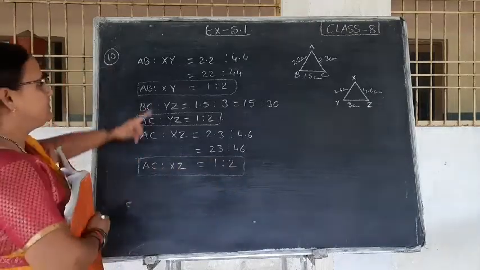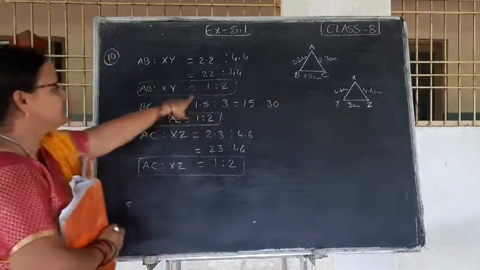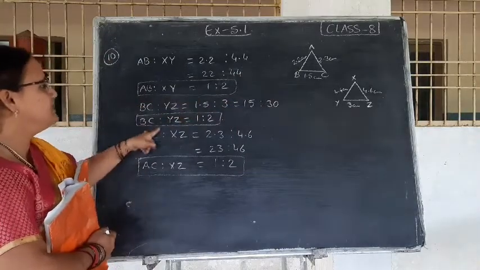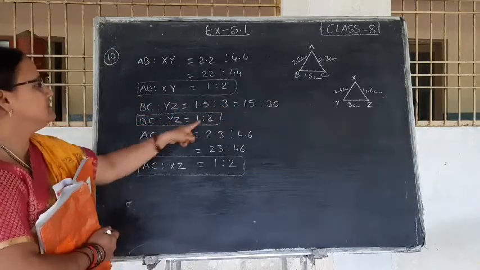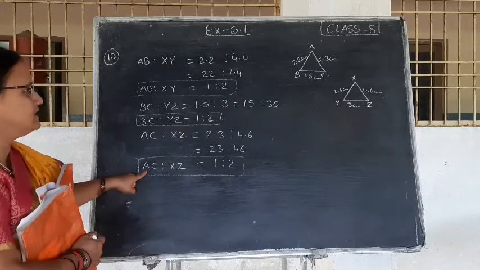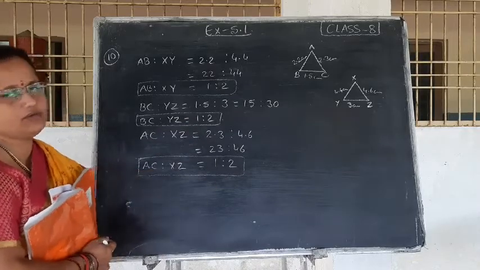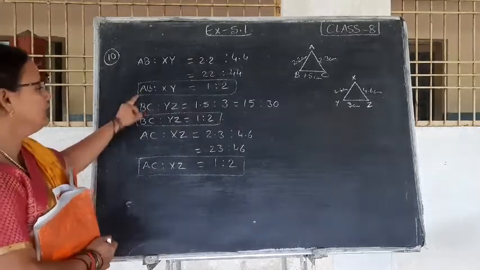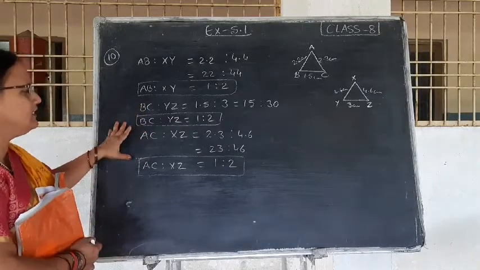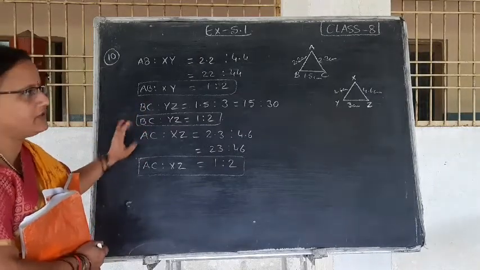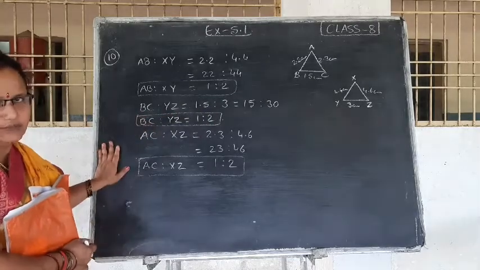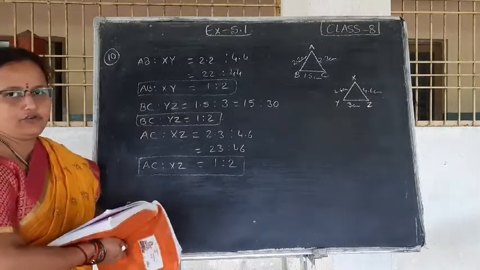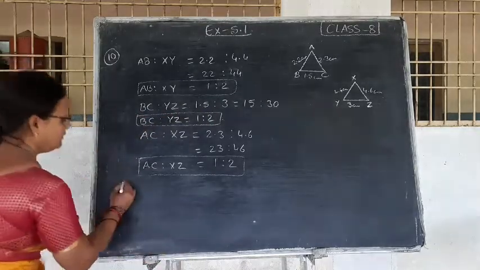So the corresponding sides AB is to XY is 1 is to 2 and BC is to YZ is also 1 is to 2 and the third side AC is to XZ is also 1 is to 2. So all the three corresponding sides ratio of the two triangles are the same. So they are said to be in proportion.